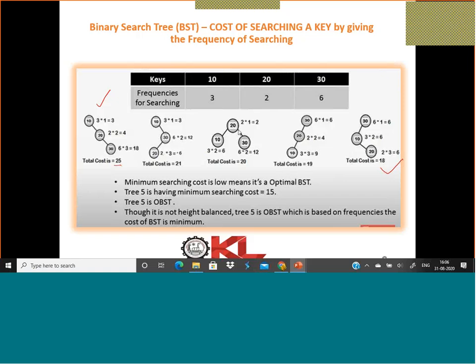Here 30 is the element which is frequently accessed, so we must ensure that the key 30 is at the root so that you can access it many times with no extra cost. So the best solution here is 18.